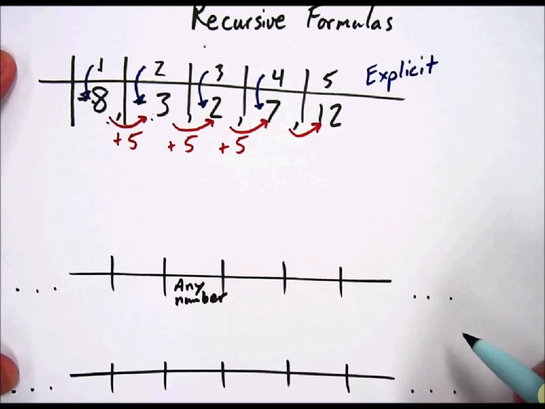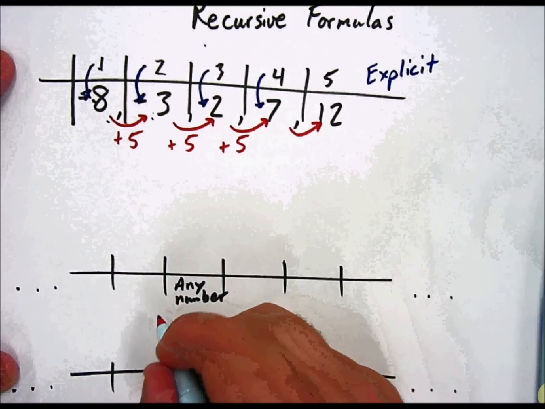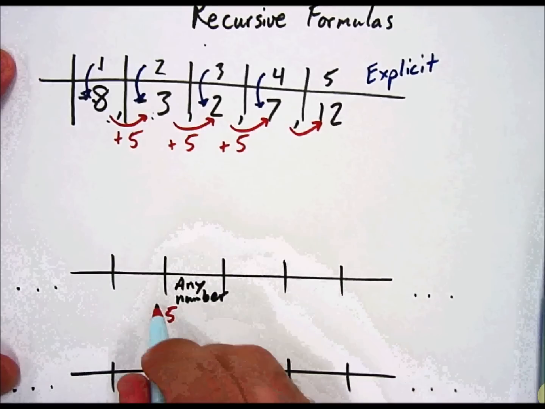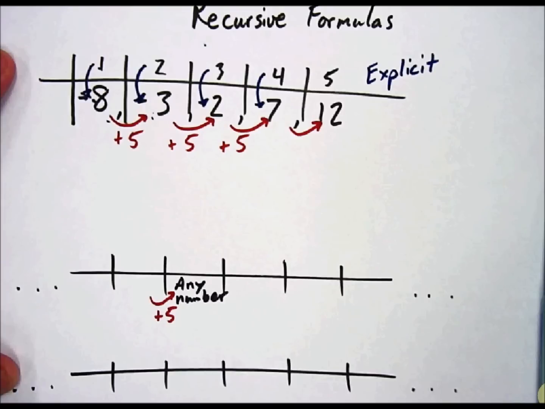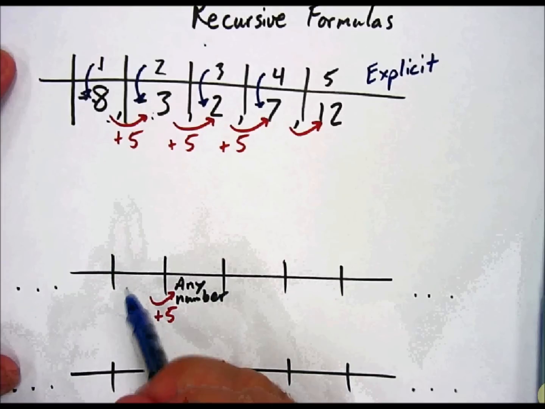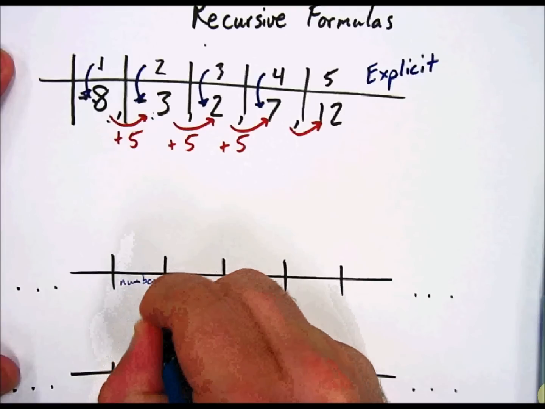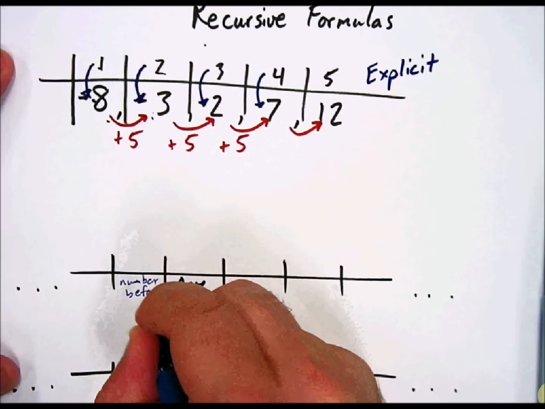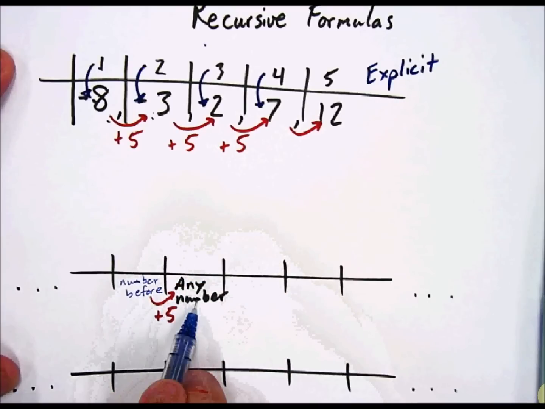So I have any number in my sequence. How do I find that any number? I'm going plus 5 to turn this into that. What would I call this one here? I'm just going to call this the number before. If I take the number before and I add 5, I get any number I want.